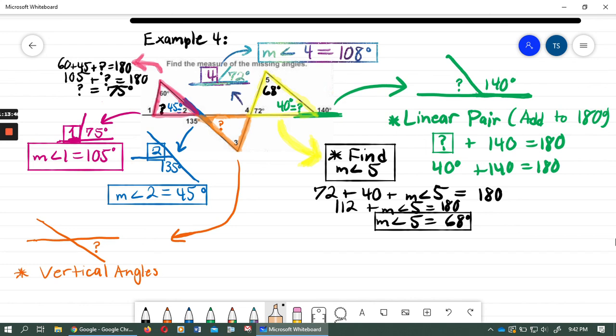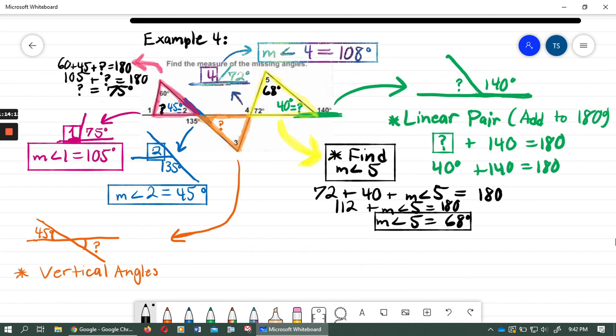That interior angle for this orange triangle, if we wanted to find that, guys, we would have to know about these two vertical angles here. The vertical angle for this one right here was this angle over there, that we found to be 45 degrees. So remember that vertical angles are always congruent.